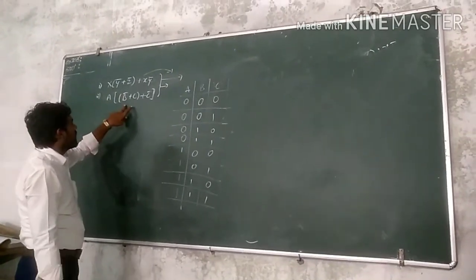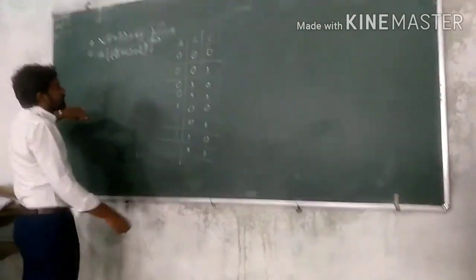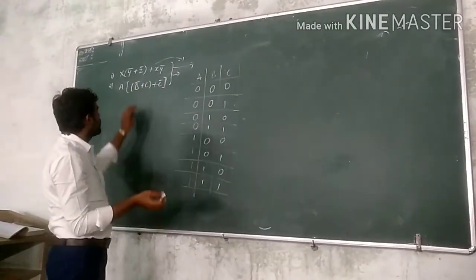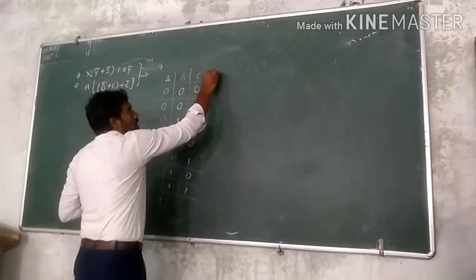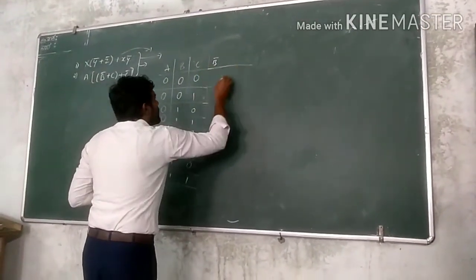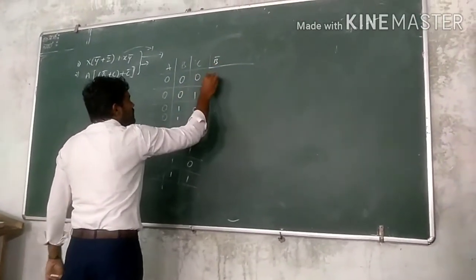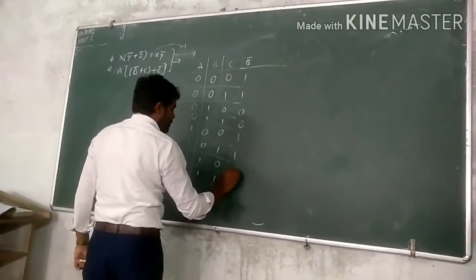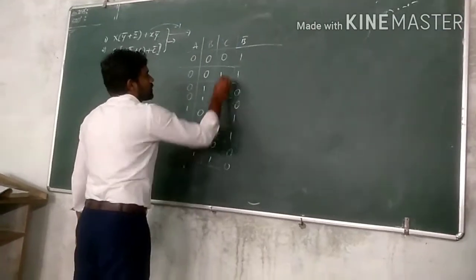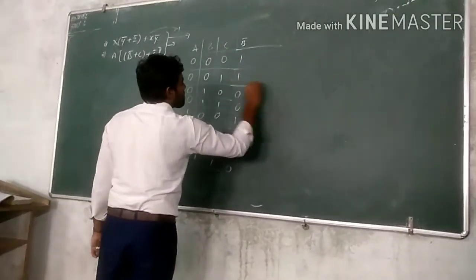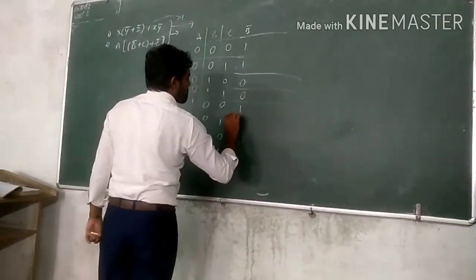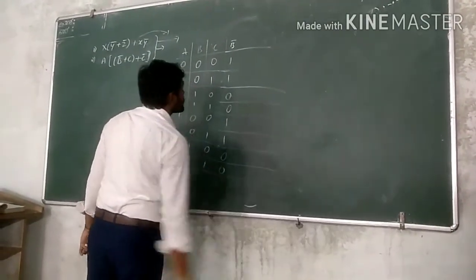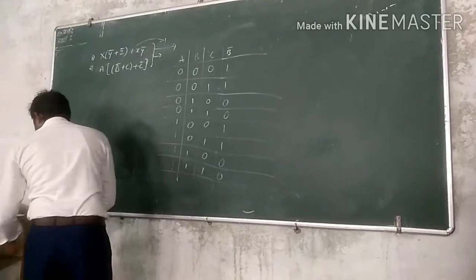So first we find the values we require: b complement and c complement. A complement is not required, so only b complement and c complement. So b complement is 1 1 0 0 1 1 0 0.